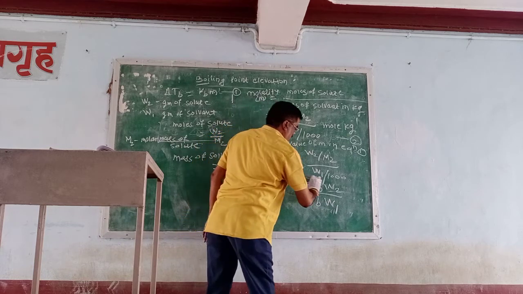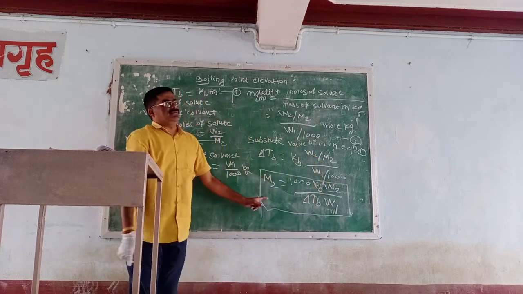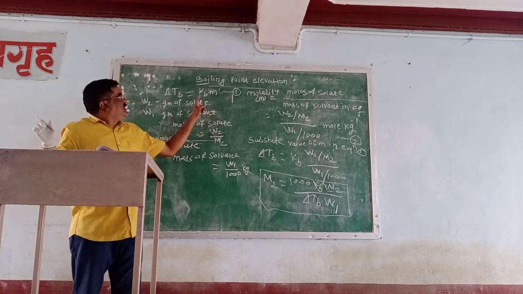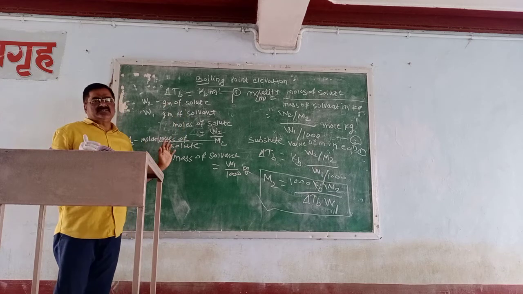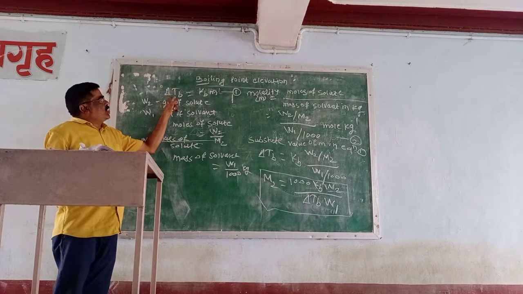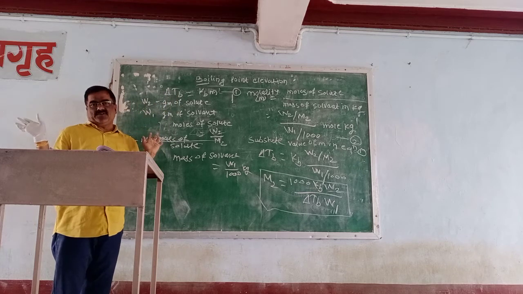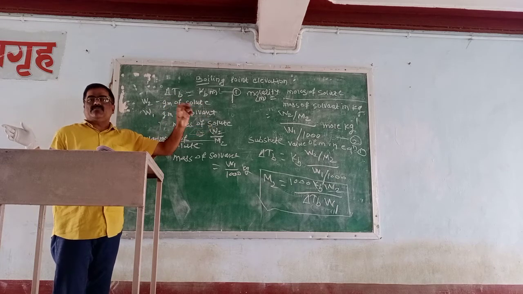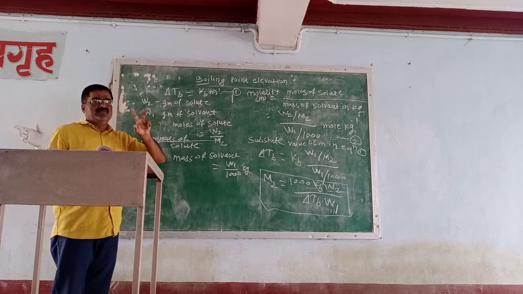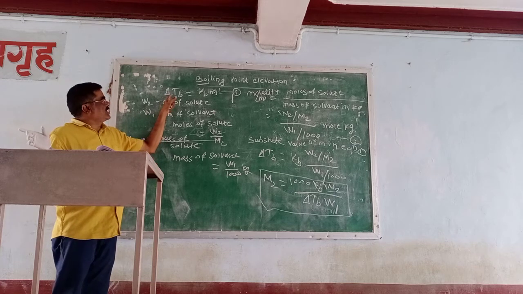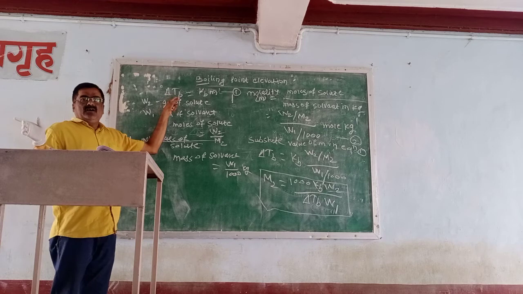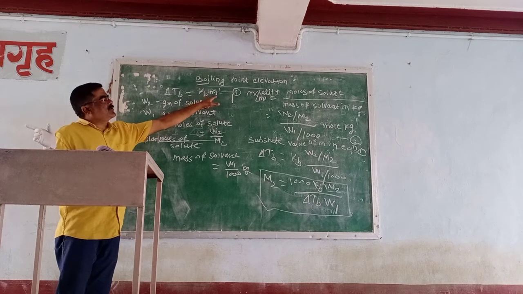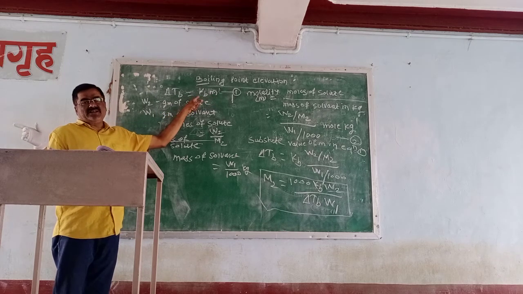We can calculate the molar mass with the help of this formula. Just remember one thing, these are the definitions only. The boiling point elevation is the difference between two boiling points: the boiling point of the pure solvent, and when a non-volatile solute is added into the solution, the boiling point will be increased, and that difference is called the boiling point elevation. Boiling point elevation is delta T, and it is directly proportional to molality. Then delta T is equal to Kb into m, where Kb is the proportionality constant.